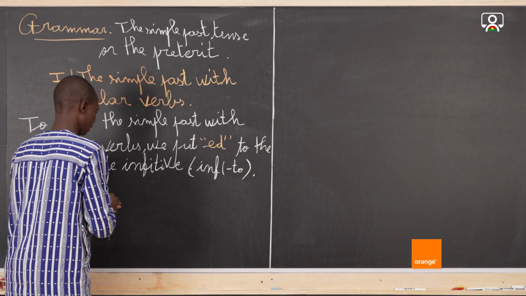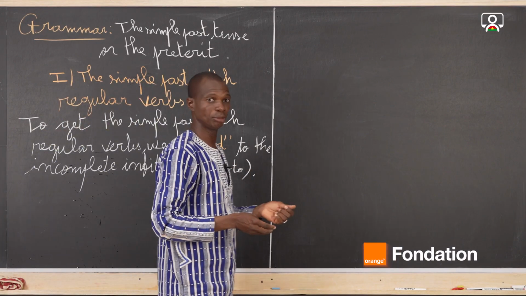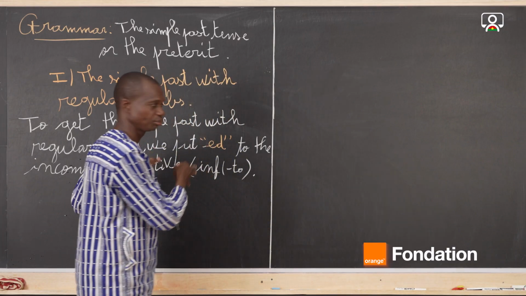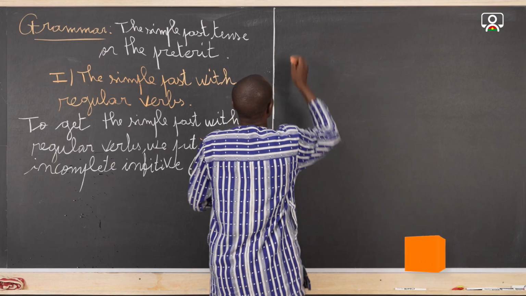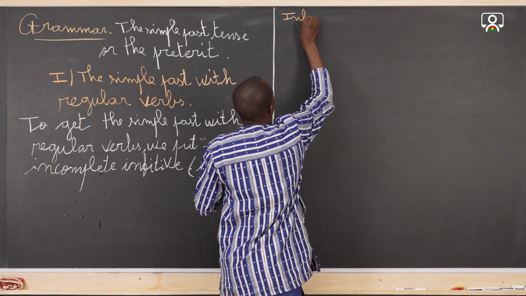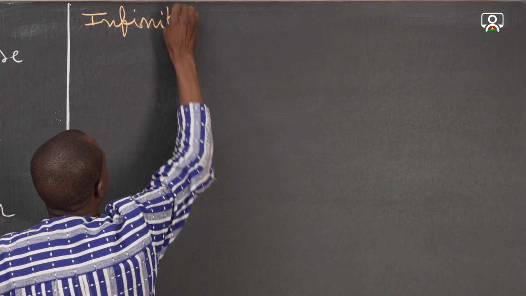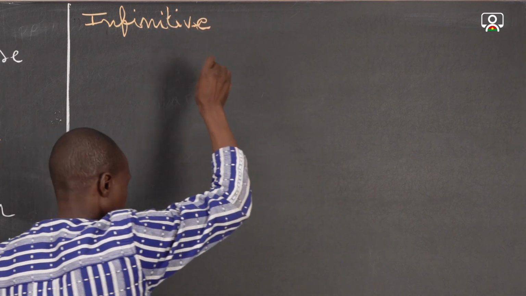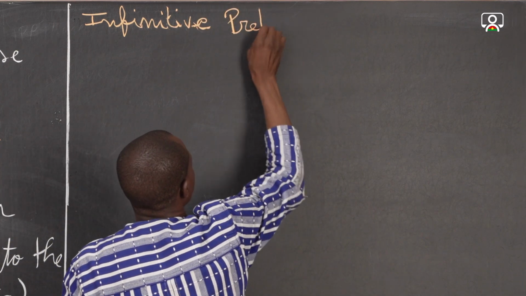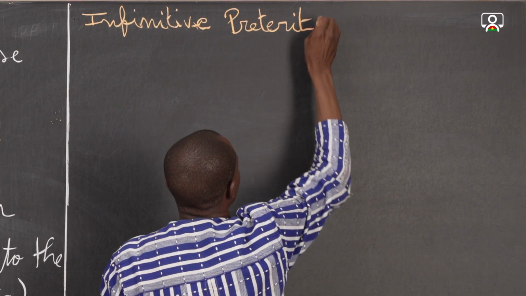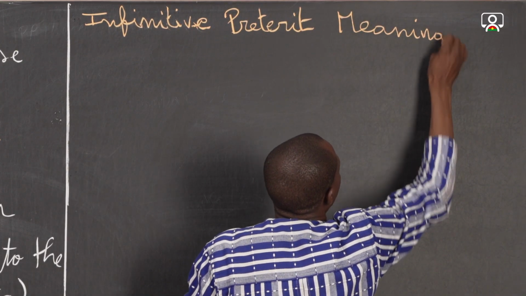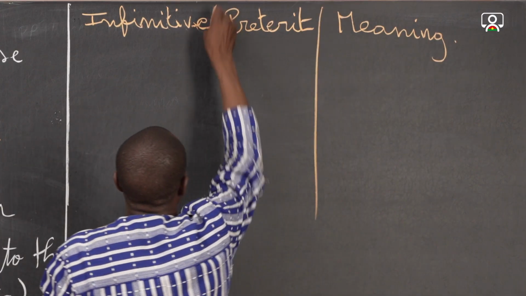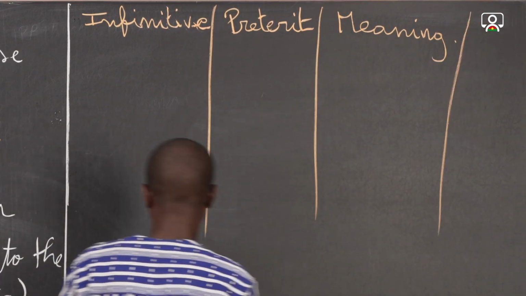Voilà. Then we are going to make a board which explains this clearly. We have, for example, the infinitive, the preterit, and the meaning. The preterit and the simple past are the same thing. Let's give some examples.